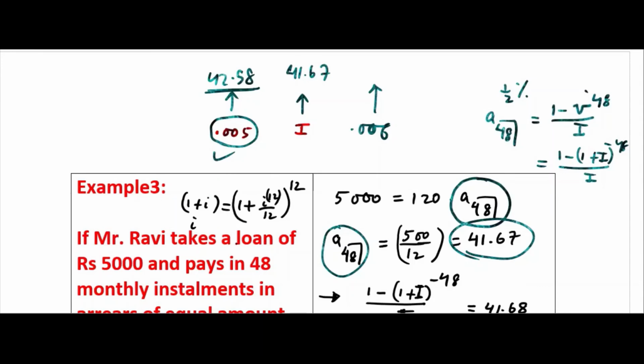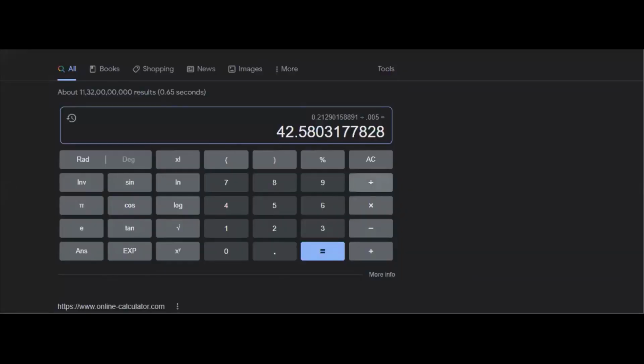Okay, so let me find 1.006 power minus 48, minus 1, multiplied by minus 1 divided by 0.006.